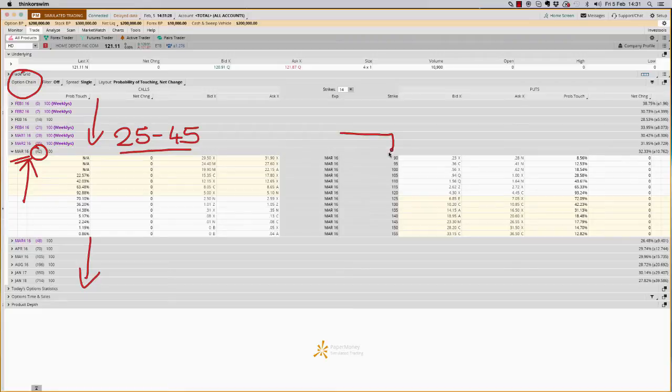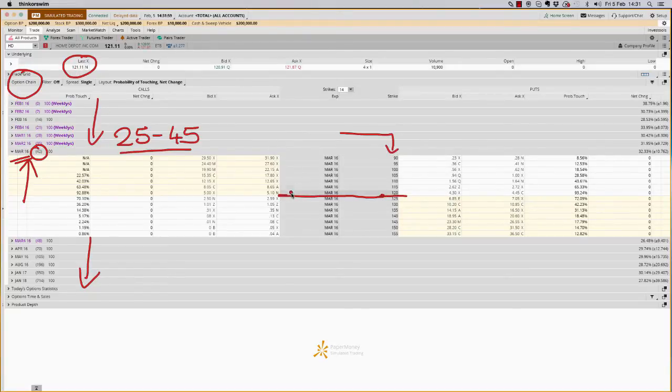Down the center, we have strike prices. The strike price represents a dollar amount of the stock. Now, the stock price is currently $121.11. What we can see is that there's almost a division, and it changes color at the current price of the stock.